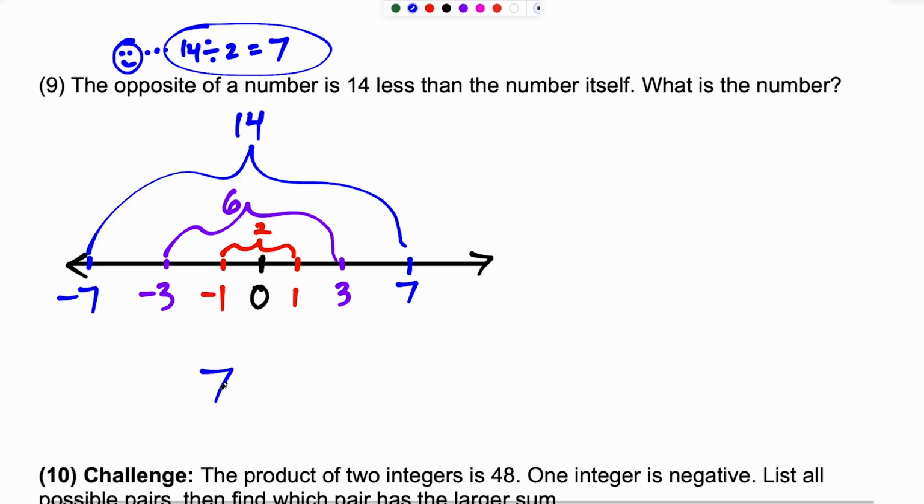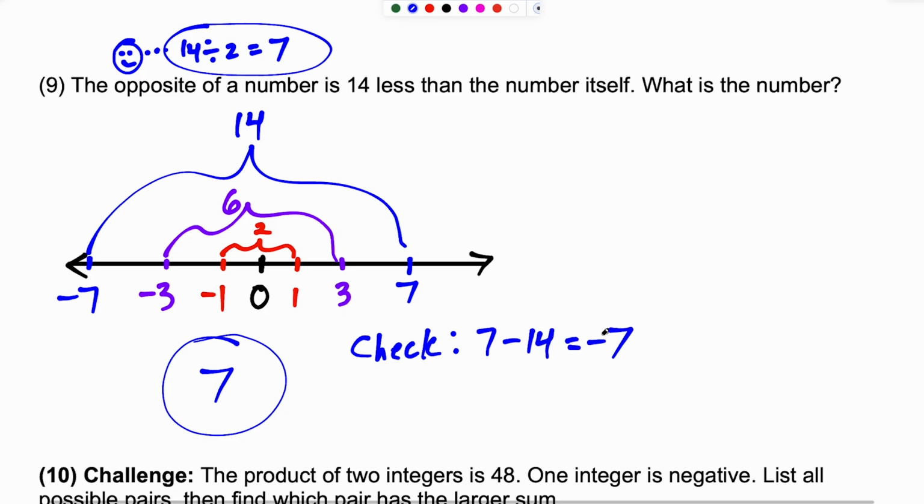So the answer has to be 7 here, because the opposite of 7 is -7, and -7 is 14 less than 7. If we want to check this, we could even see here that if we start off with 7 and we go -14, we get -7, and this is the opposite of 7. Okay, so this value here, 7, is definitely checking out.